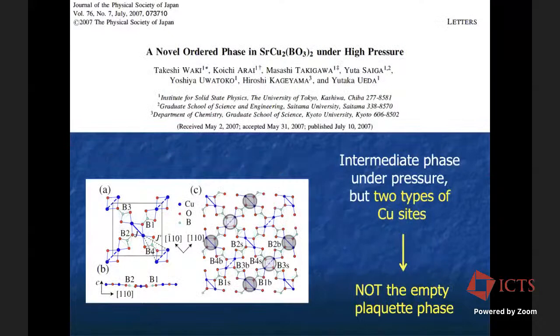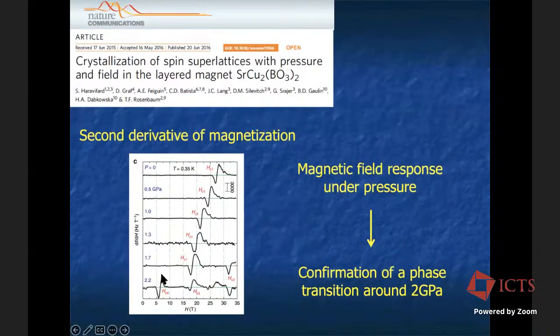I will flash this, maybe Philippe will show this, but I think I'm running slowly out of time. So these NMR experiments revealed that there is something happening with apparently two copper sites. The understanding of the intermediate phase in strontium copper borate is a little bit tricky, but there are many experiments revealing that something happens around 2 kilobar.